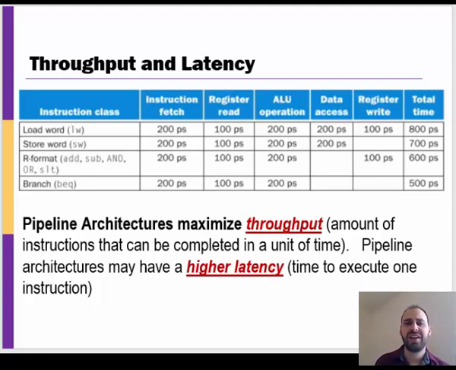It actually is slower to run one instruction when you pipeline. Think about it. We had an 800 picosecond time for the single cycle implementation based on those hypothetical numbers, and we had a 1 nanosecond time for our pipeline implementation. So it was actually a bit slower in terms of latency.